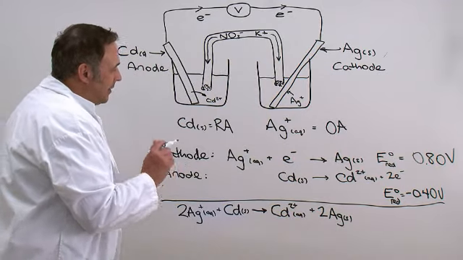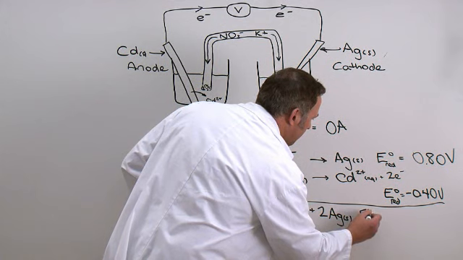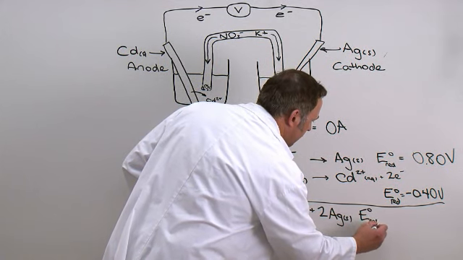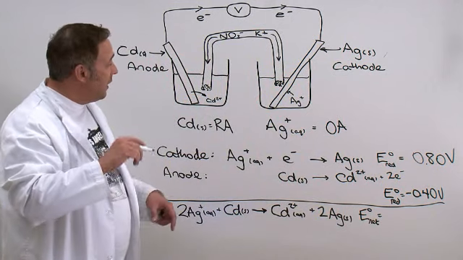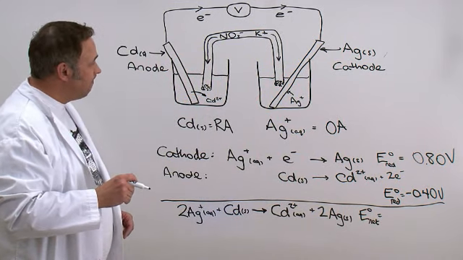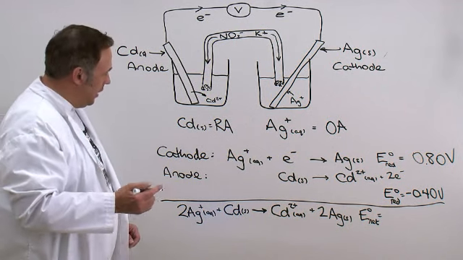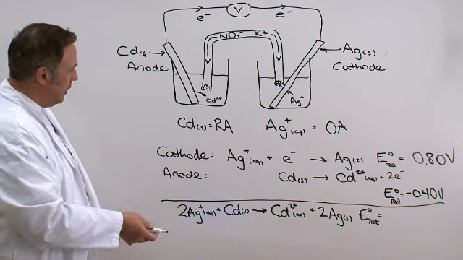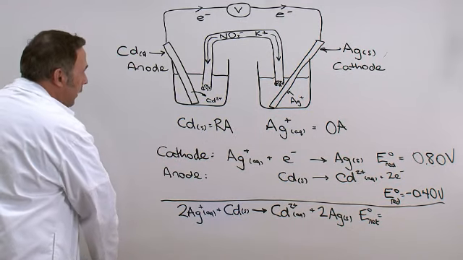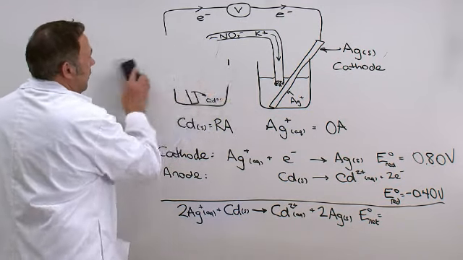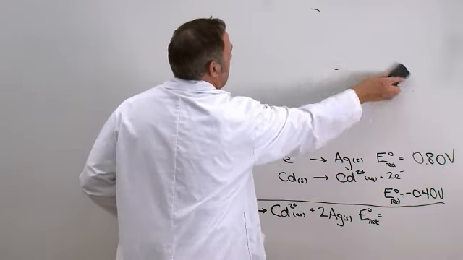Now the net cell potential here is going to be the difference between the anode and the cathode. I have no room to write it, so I'll just put it up here. I'll take out this part, since I've done this part of the reaction already.